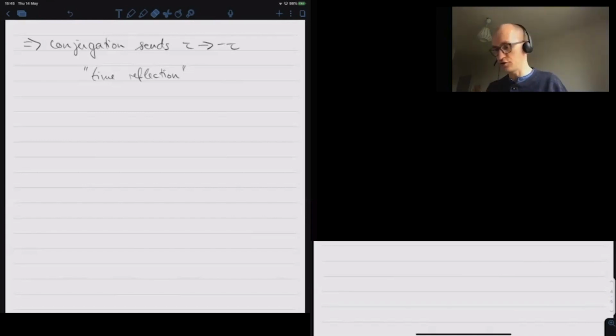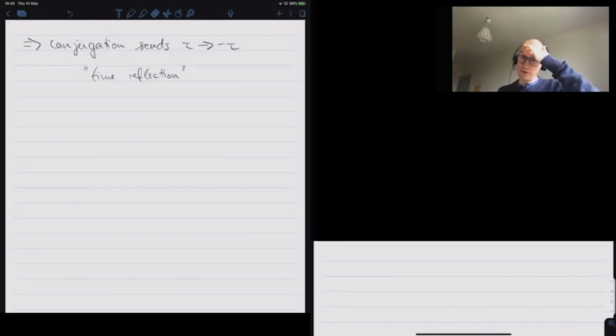So conjugation in Euclidean signature gives reflection, and positivity becomes reflection positivity. That was a general statement, and it is an important notion in quantum field theory.